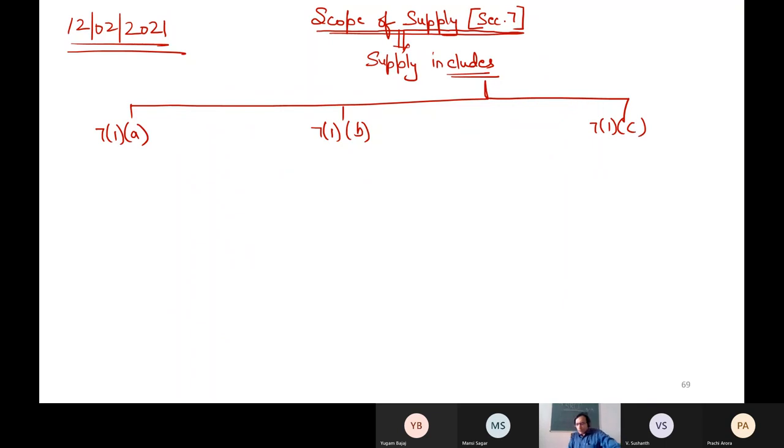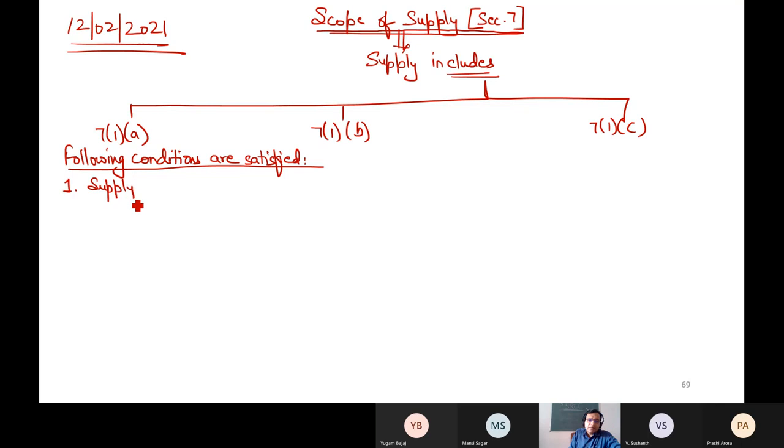Under 7(1)(a), something is treated as supply if the following conditions are satisfied. If the following conditions are satisfied, then these things are by default supply. So the first condition: in any activity or transaction, supply of goods or services or both is happening.